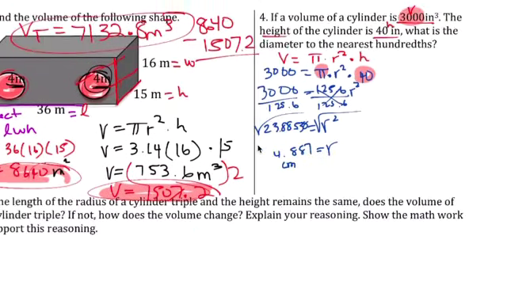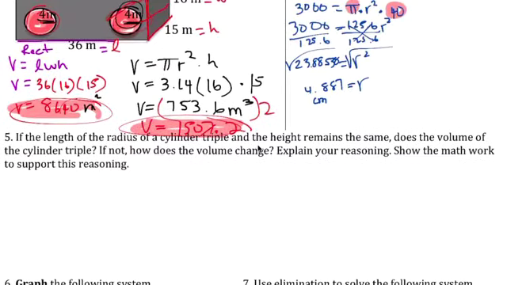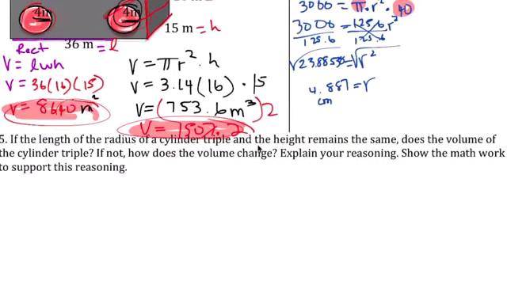Okay. And then if the length of the radius of a cylinder triples, so the length of the radius triple means 3 times as big, and the height remains the same.